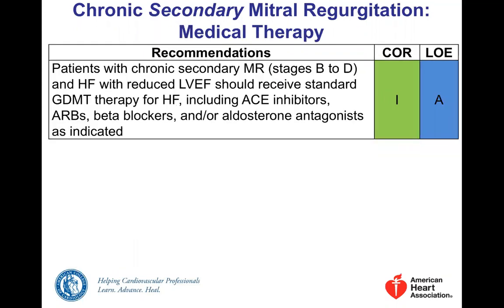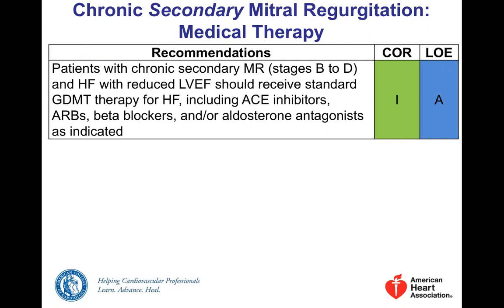For the medical therapy recommendation, a patient with secondary mitral regurg, stages B to D, and heart failure with reduced left ventricular ejection fraction should receive standard guideline medical therapy for heart failure, including ACE inhibitors, ARBs, beta blockers, and/or aldosterone antagonists as indicated.